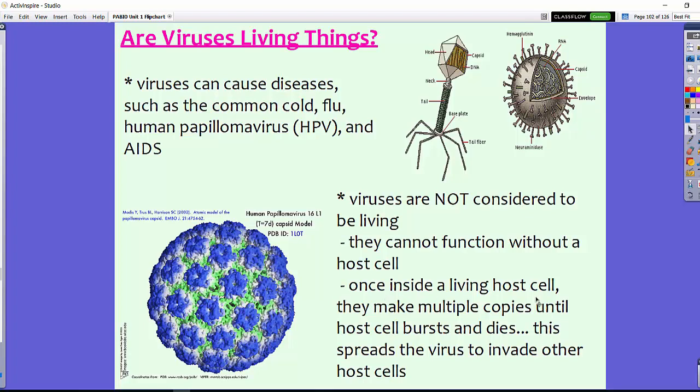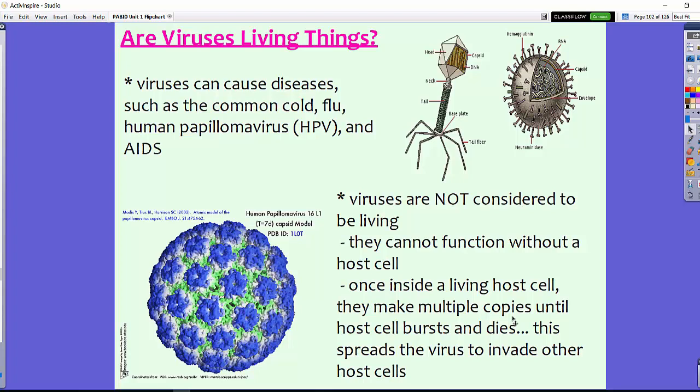Once inside the host cell, that's when it can make copies of itself, and that host cell will then burst. And once it bursts, it's going to spread the virus to other host cells, and that virus will infect other host cells, and then those host cells will also replicate that virus and burst, etc. So it's a big continuous thing.